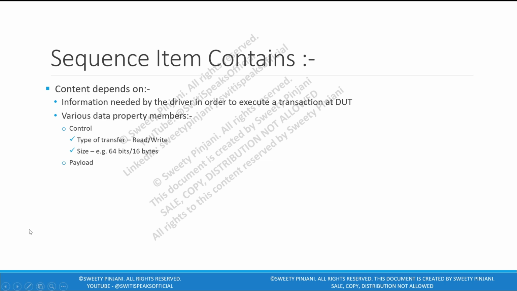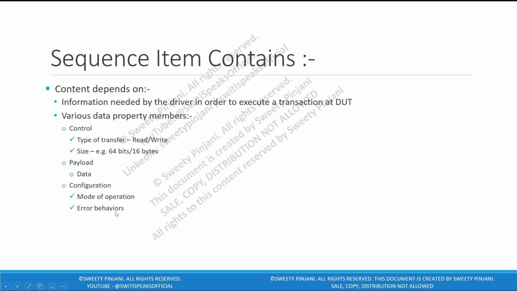The next information which the sequence item can contain is payload. Payload is the actual data that needs to be transferred. Then comes the configuration information. An example of configuration information is mode of operation. In case you have multiple modes of operation possible, then what is the mode of operation for a particular simulation?